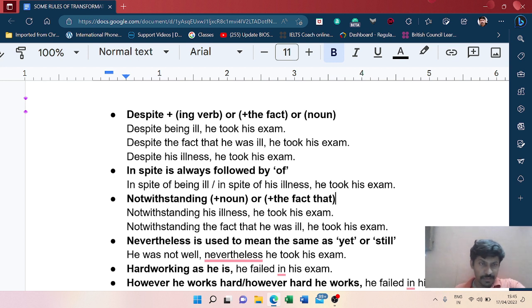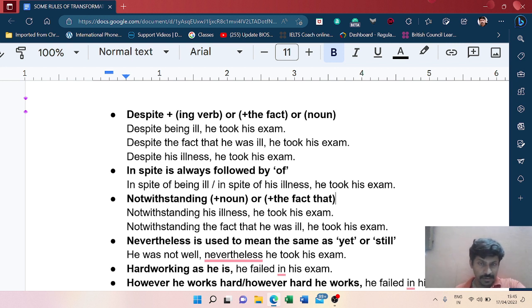Next example. Despite the fact that he was ill, he took his exam. So what I wrote there, despite plus either ing verb or the fact. Same line, same data is there, the same fact is happening, but it is written in a different manner.